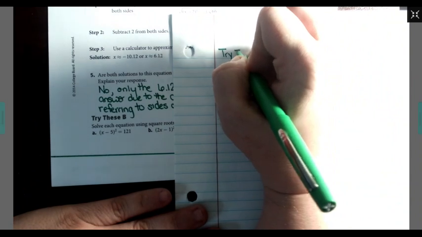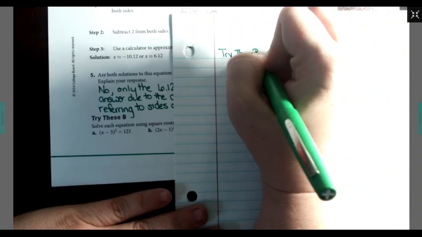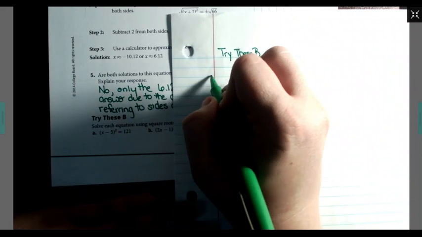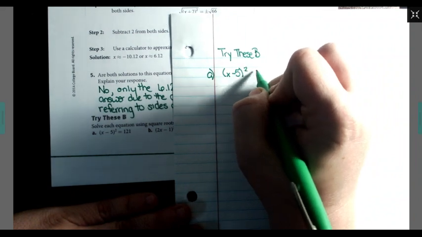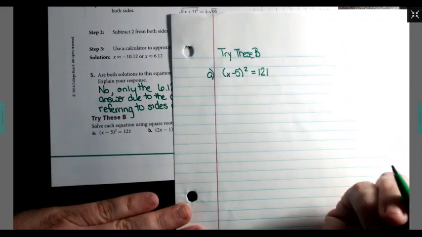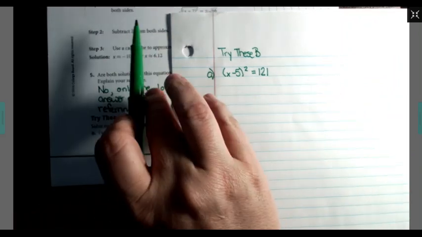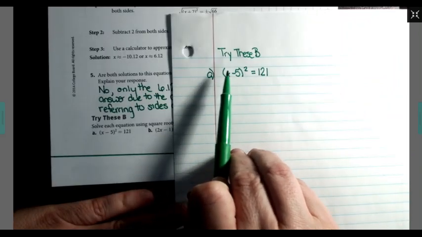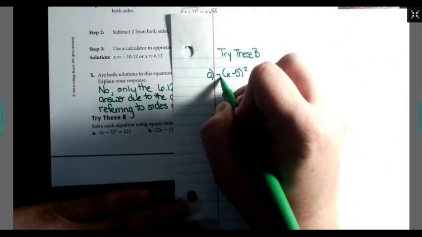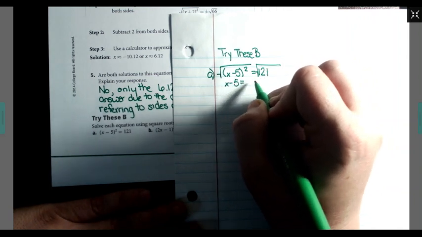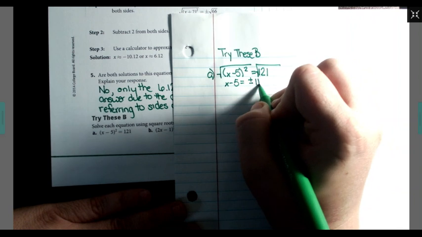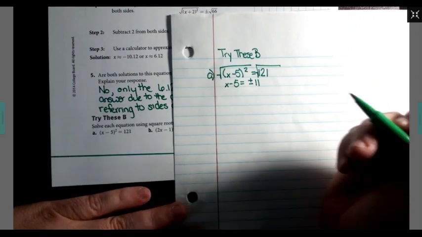Try these B. We're going to work through Question A. X minus 5 to the second power equals 121. So here, because the 5 is in the parentheses, we're going to take the square root first. So I've got x minus 5 equals plus or minus 11, because 121, the square root of it is 11.